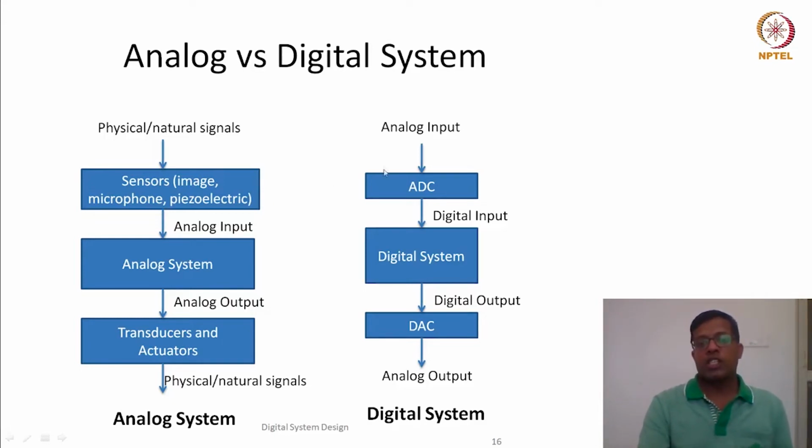So essentially there would be two layers involved. One, sensors which convert physical quantity into electrical quantity, and then an ADC, and only then you will get a digital input.